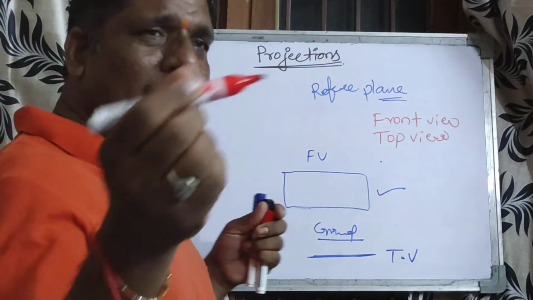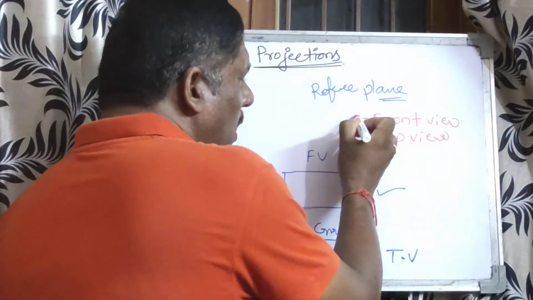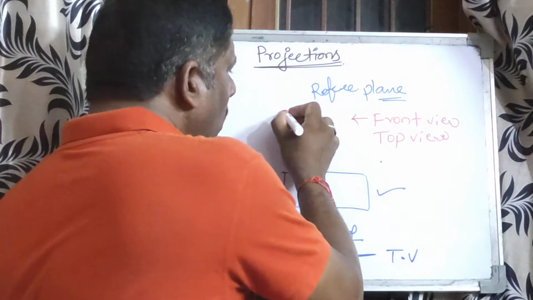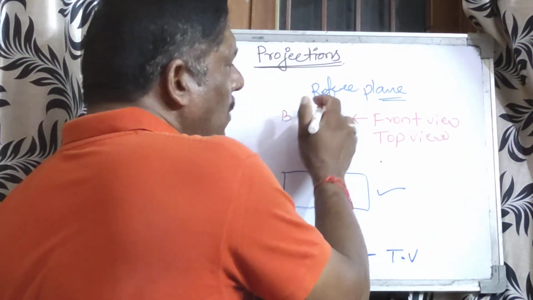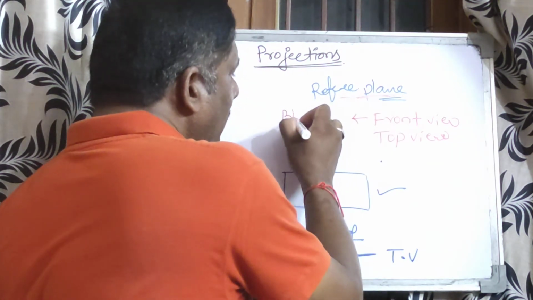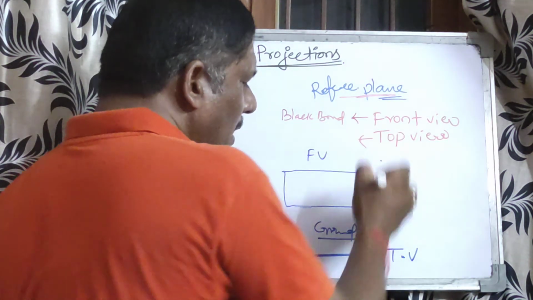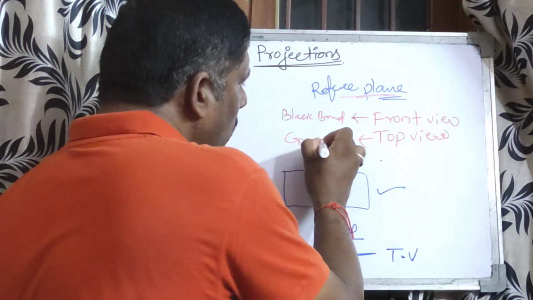And next, the front view falls on where? Front view falls on the board, the blackboard. Front view falls on the blackboard, or we can call it the reference plane. And top view falls on the ground.